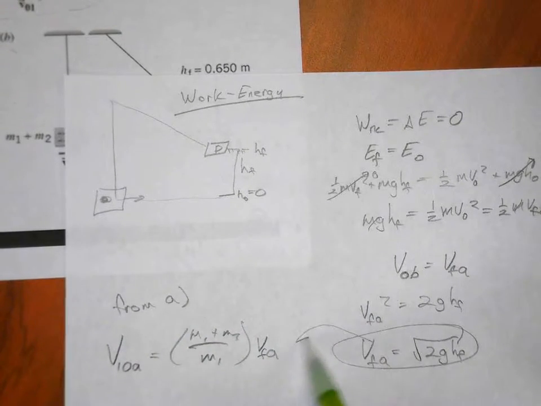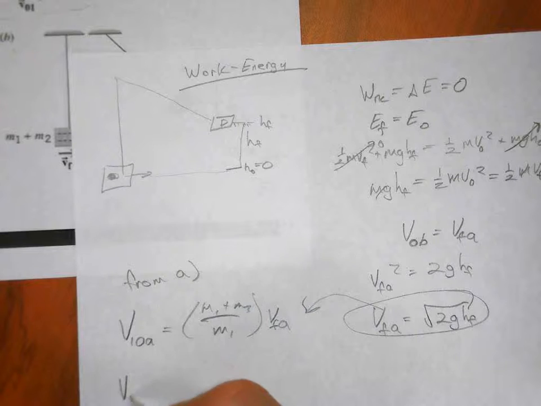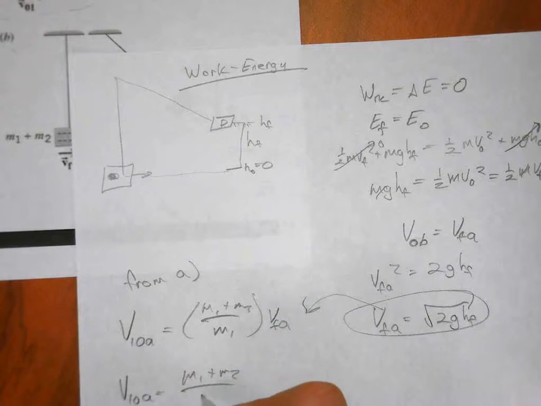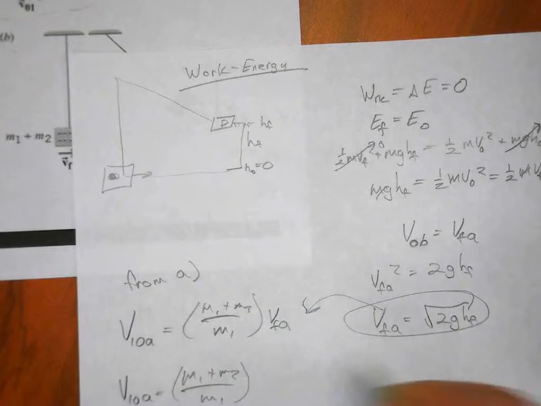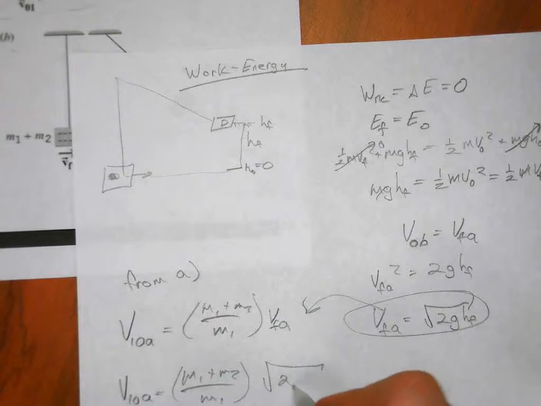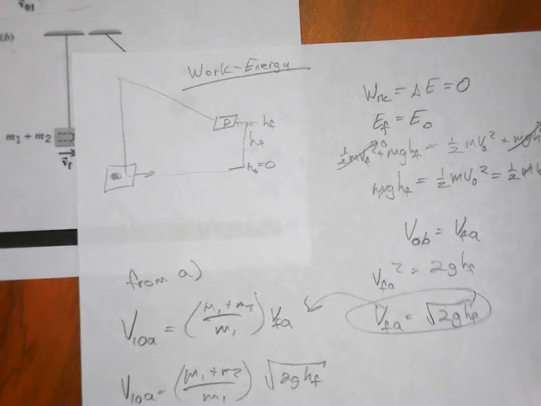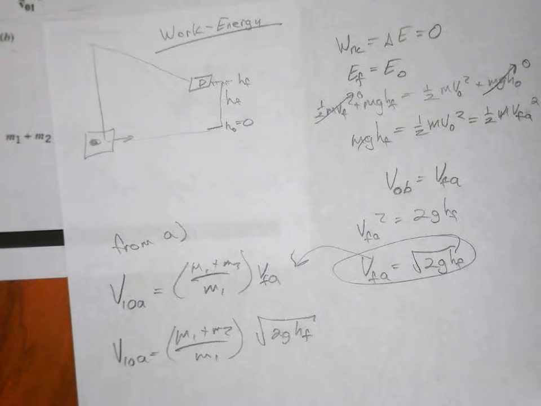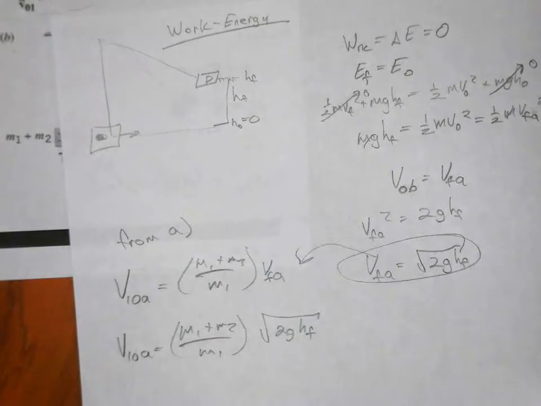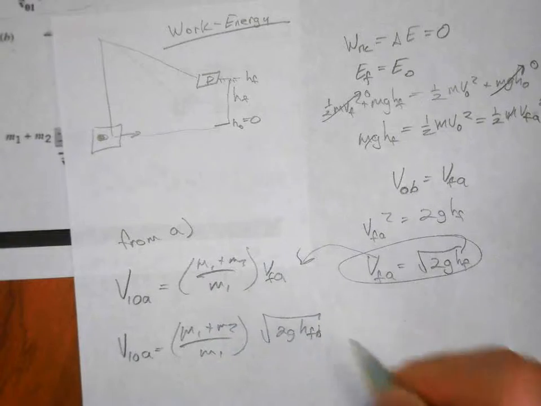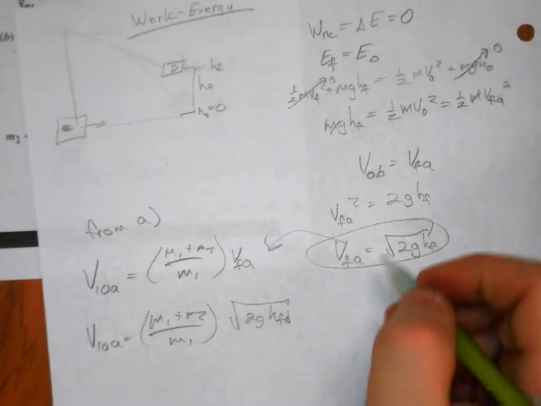We found that from the second part. So V10A equals M1 plus M2 over M1 times the square root of 2GHF, and you could even call it FB. You want to designate this from part B.